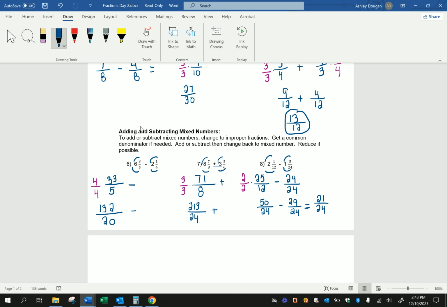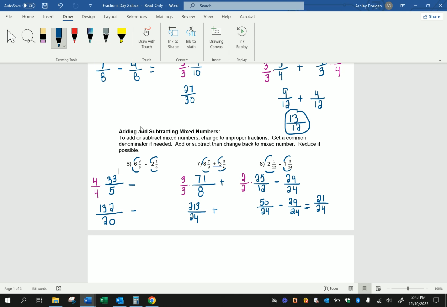In this case, this is a proper fraction. The smaller number is on top, so it cannot be changed to a mixed number. A mixed number is a whole part and then a fraction of a piece. This is not quite a whole piece, so it doesn't have the whole number component to it, which means I can't change this to a mixed number.